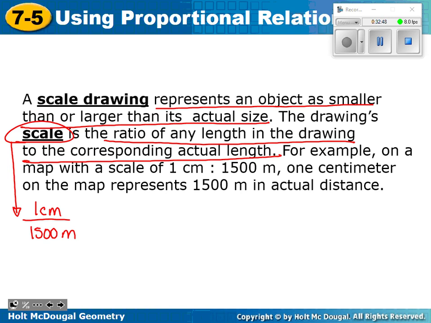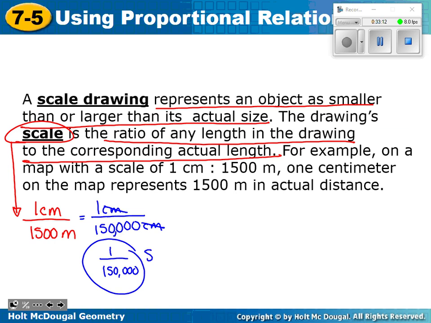So this would become 1 centimeter compared to, if I multiply by 100, 150,000 centimeters, right? So then what happens to the centimeters? They cancel out. So the similarity ratio is 1 to 150,000. This would be the similarity ratio.